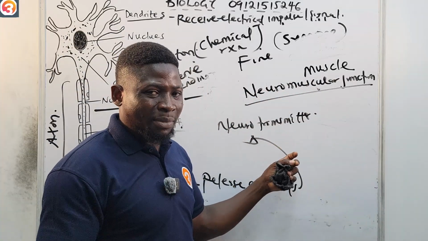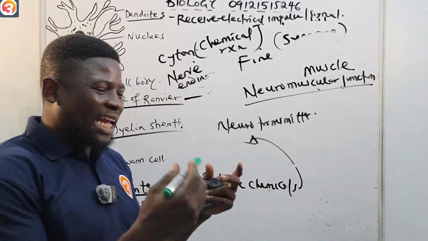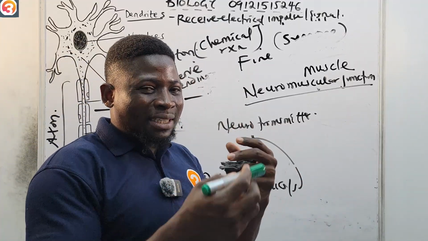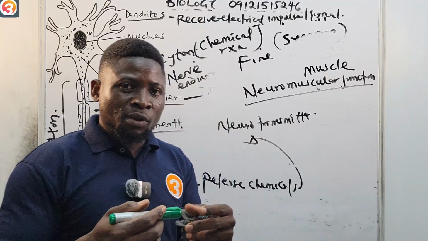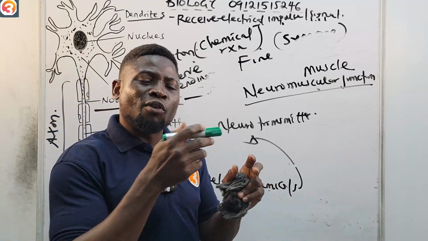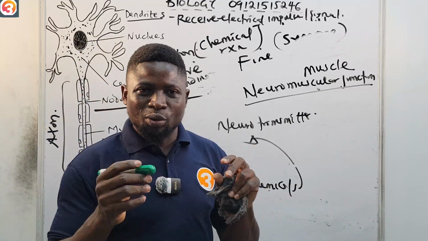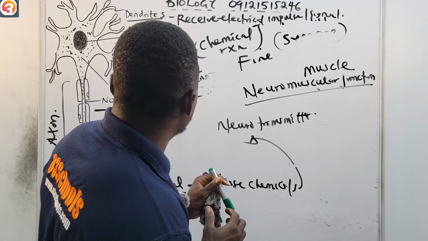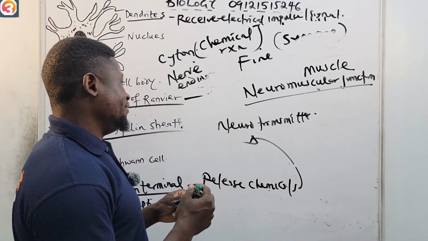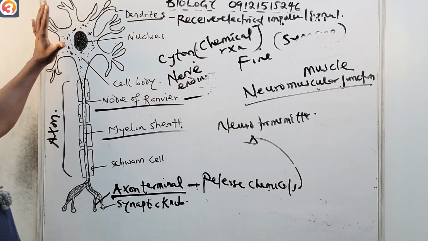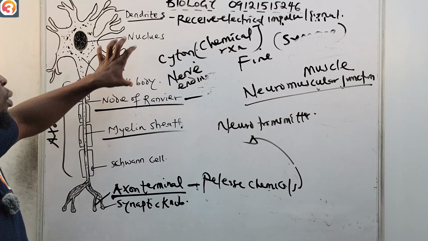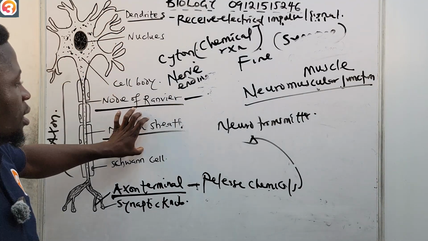So neurotransmitters are chemicals that help in transmitting the electric signal or impulse, of the information, from one neuron to the other. Please take note of all of these. They are very, very important. Also take note of the diagram and note these parts.